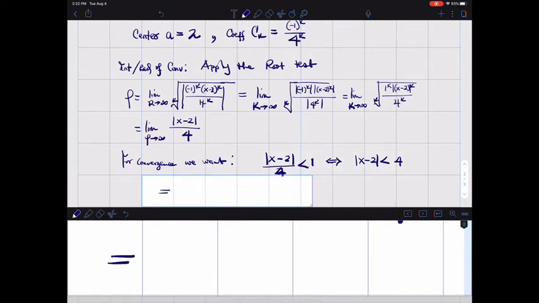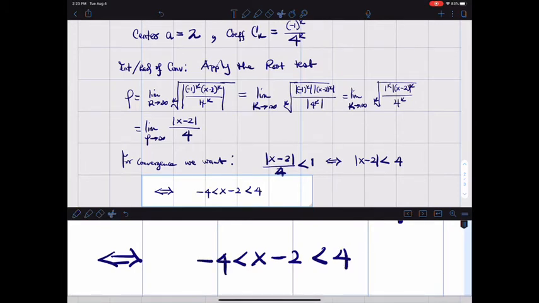This means that we want x minus 2 to be between -4 and 4.